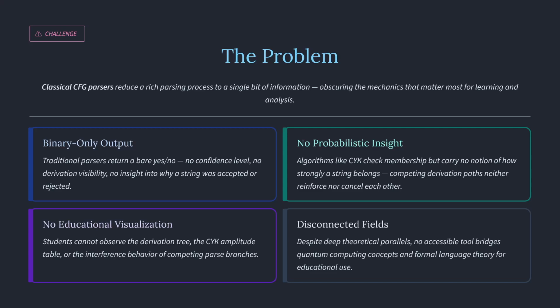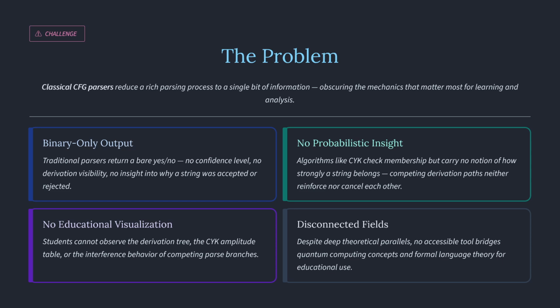The problem with classical grammar recognizers is that they give you a binary output: either the language is accepted or it is not. There is no confidence level or probability involved, so you cannot say that you are this percent sure that a particular string belongs to a language.